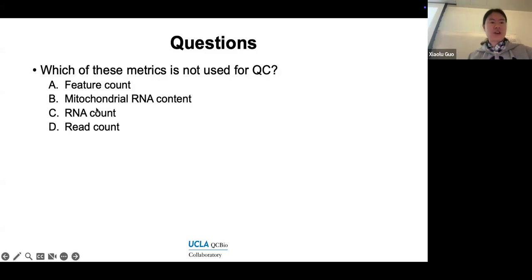What is the feature count? Gene count. Is it all the genes? Because if it's all the genes, it should be around 20,000 for each cell.